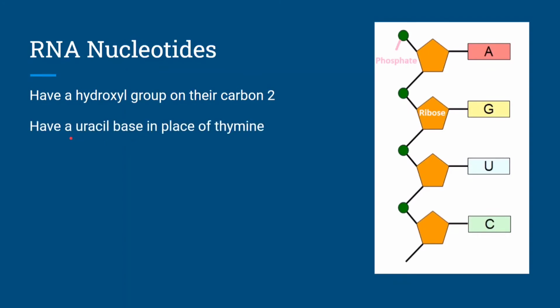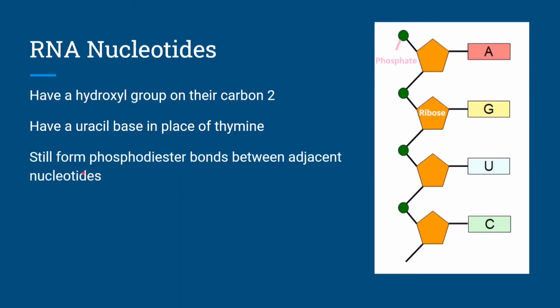One of the main differences of RNA nucleotides to DNA nucleotides is that they have a uracil base instead of a thymine. So the uracil would be complementary to the adenine instead of the thymine. A similarity is that they still form phosphodiester bonds between adjacent nucleotides.